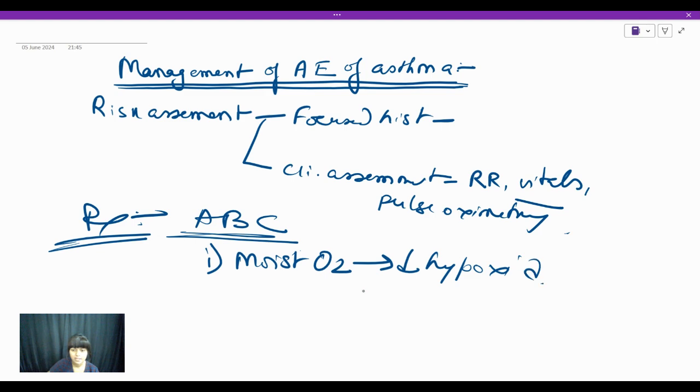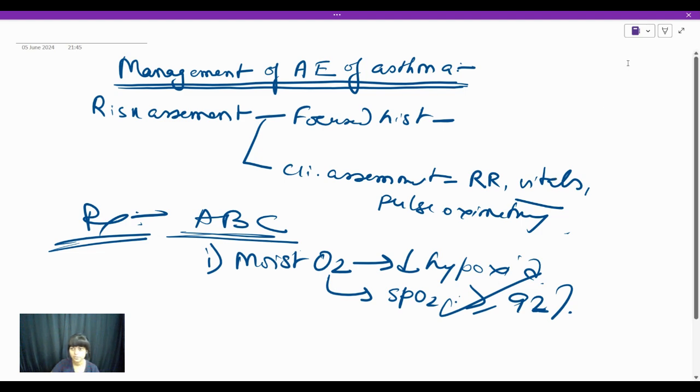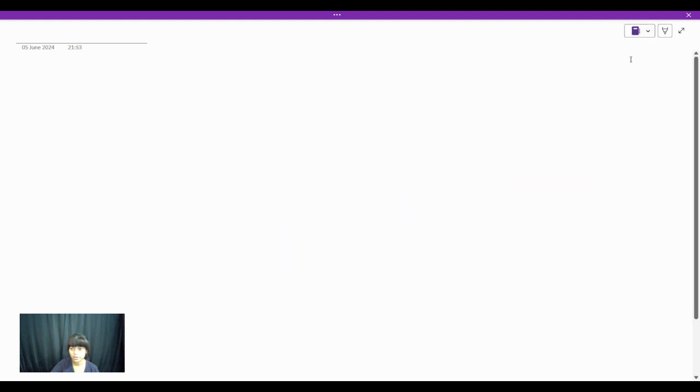The target is to maintain SpO2 at more than or equal to 92%. This is the thing you need to remember, it should be maintained at 92% at least. This moist oxygen you can give through either nasal prongs, cannula or oxygen mask.